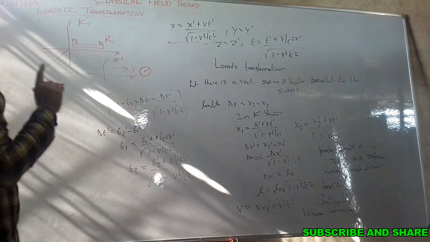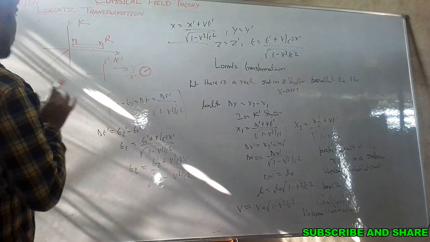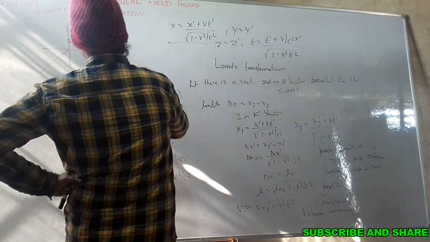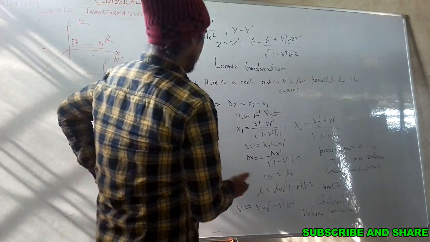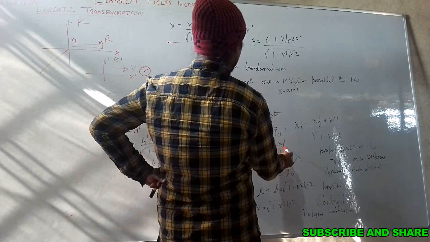Now the length of the rod is what we call invariant. It means it must have the same length in this reference frame too. So delta x dash is equal to x2 dash minus x1 dash.